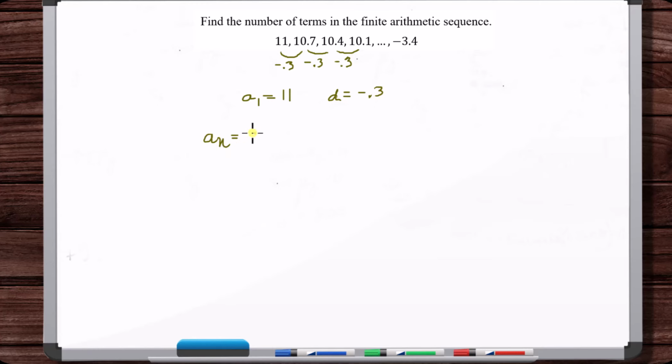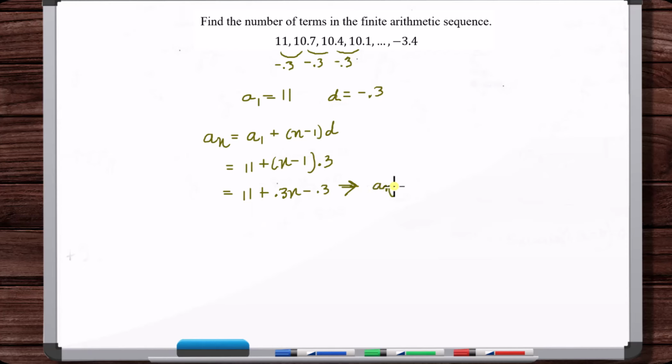A sub n, A sub 1 plus n minus 1 times D, is equal to 11 plus n minus 1 times negative 0.3, which is negative 0.3n plus 0.3.